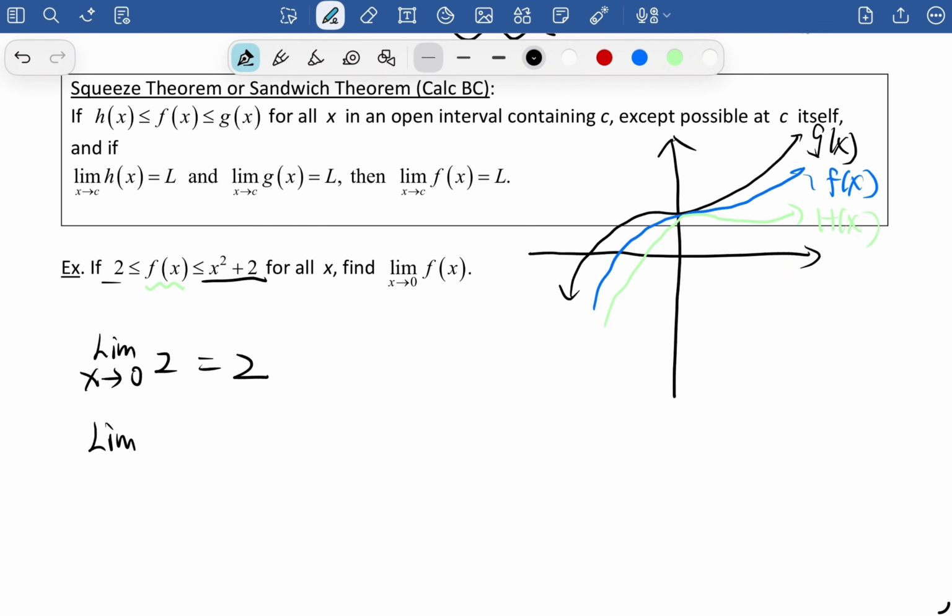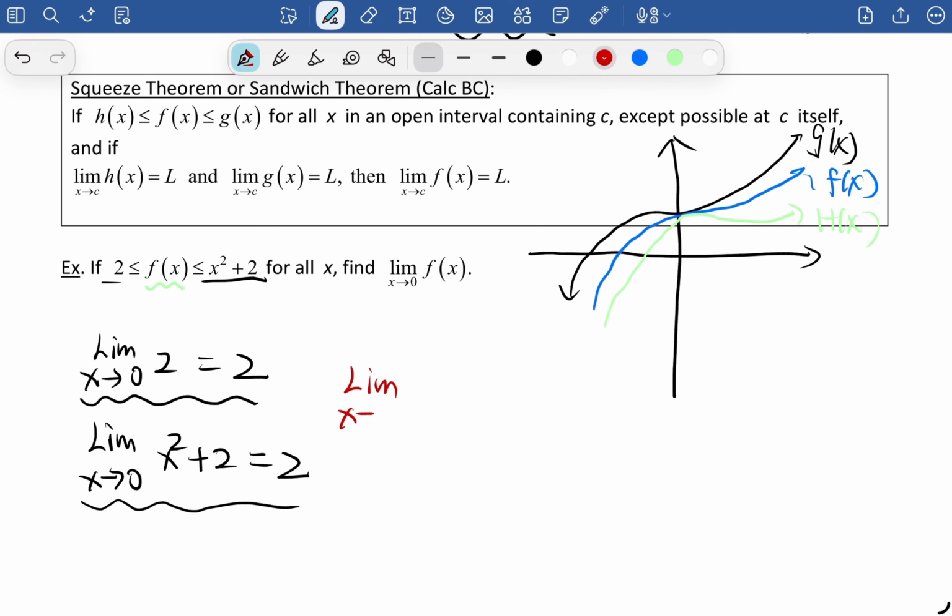And what about the limit as x approaches 0 of x squared plus x, this is still 2. Because the below function is equal to 2 and equal to the value of the upper function. So we know for sure that the limit of the middle function is also going to be 2. This is basically the squeeze theorem.